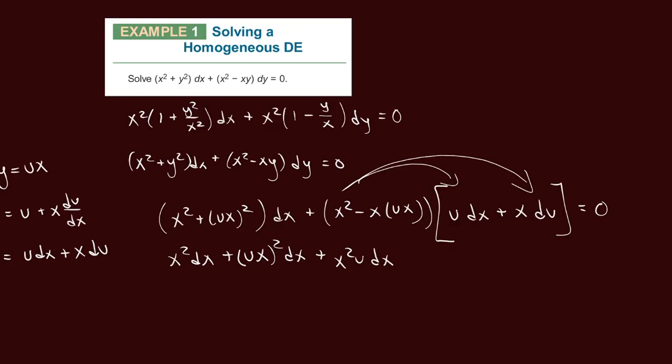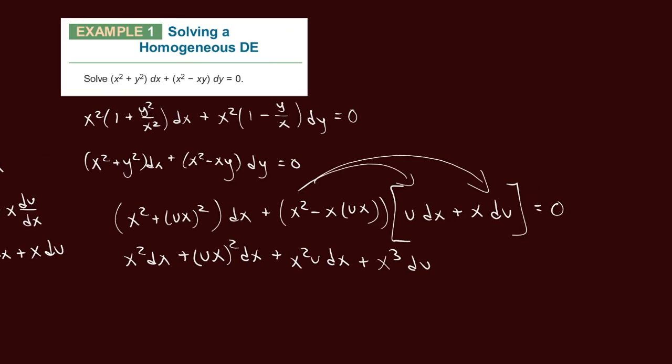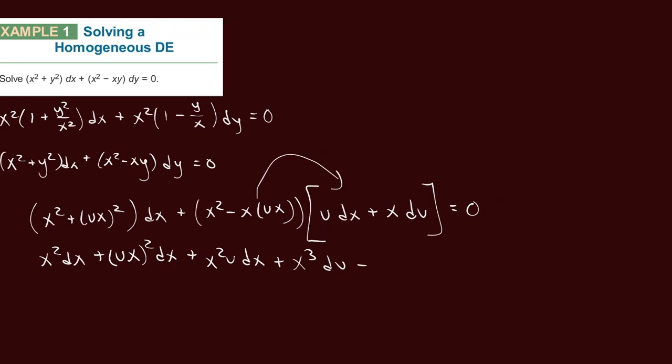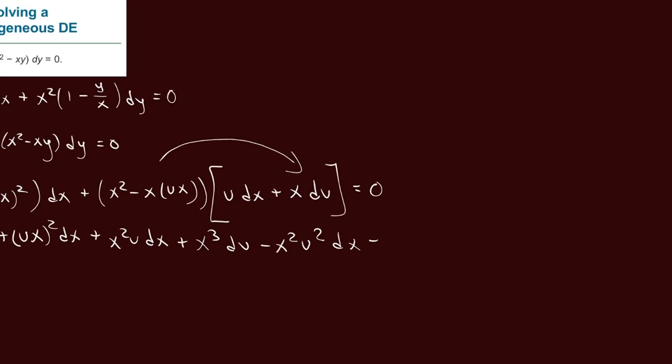Then this one, so it's x cubed du. Then this one, so minus x squared u squared dx. And then this one and this one, so it's going to be minus x cubed u du.